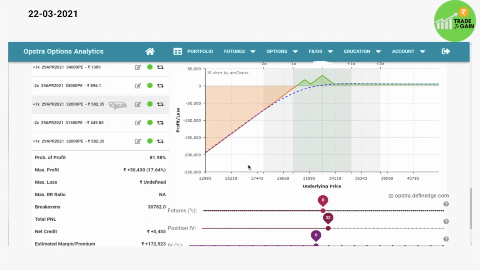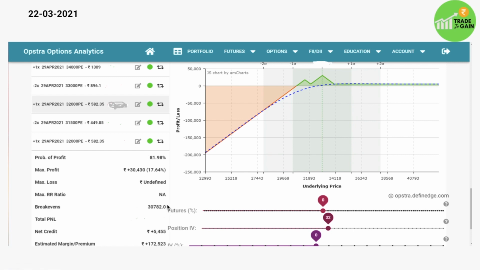To increase the probability of our original put butterfly strategy, we add a ratio spread of Bank Nifty by adding one lot of 32,000 put option and selling two lots of 31,500 put options. By adding the ratio spread, we increase our probability from 28% to 82%.